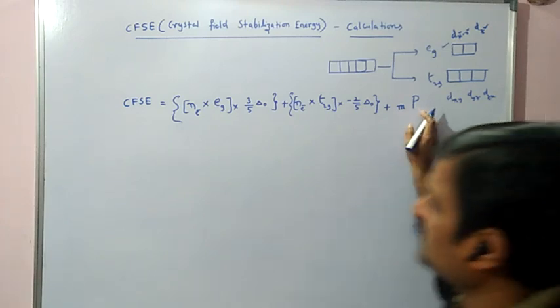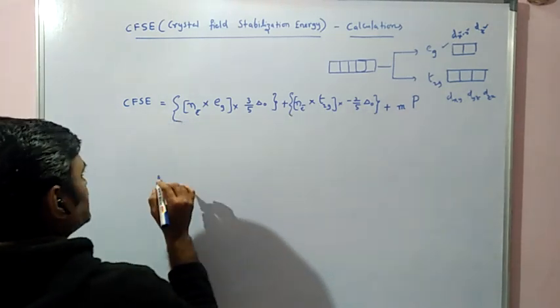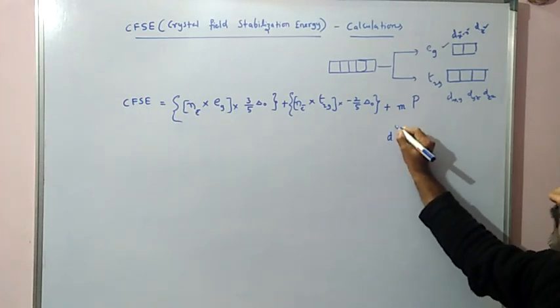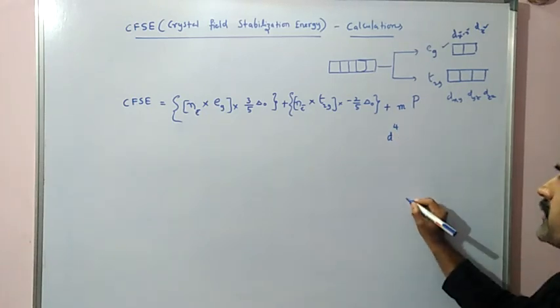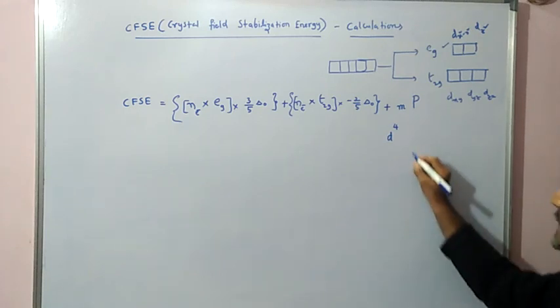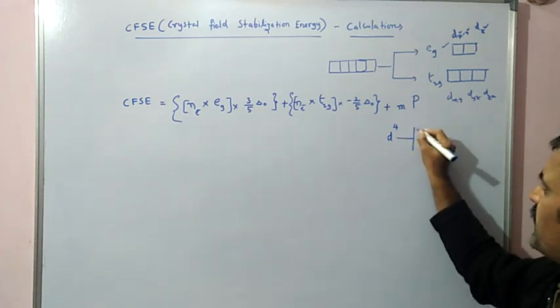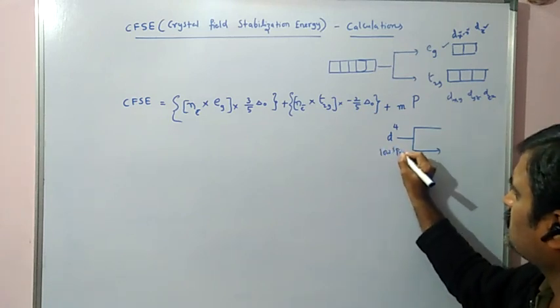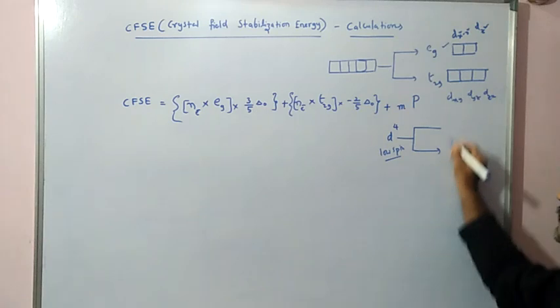For example, consider the d4 electronic configuration in the low spin complex.